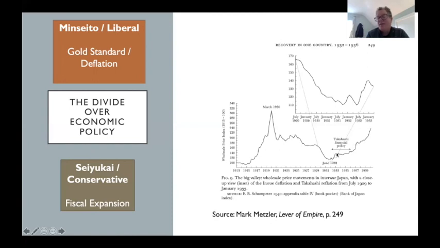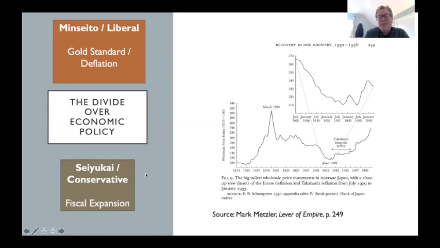He's able to get economic growth going again. And ironically, just as he is assassinated, Japan enters a period of steady economic growth as it heads off towards war, towards a war economy.